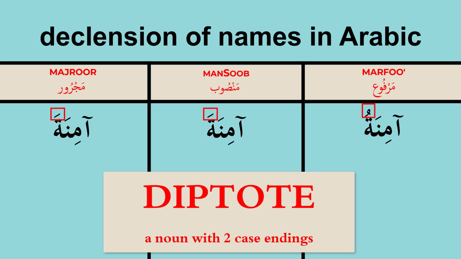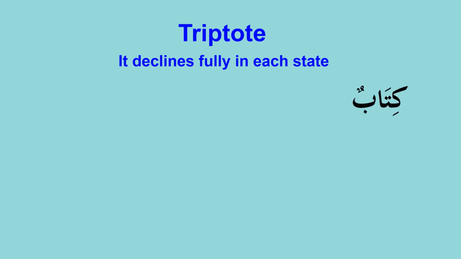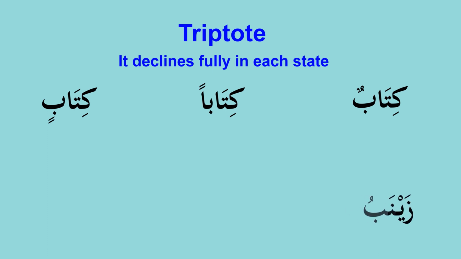These are the terms which the Western scholars of Arabic have given from the English language point of view. If I say the noun is triptote, it means it declines fully. Kitabun, kitaban, kitabin. But when you come to Zainabu, Zainaba, and again Zainaba.